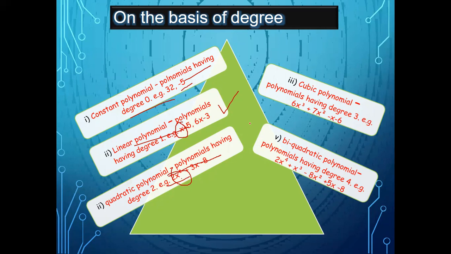If the highest degree is 4, then the solutions are 4. A cubic polynomial has degree 3. As you can see in the example, a polynomial having degree 4 has 4 solutions. Okay, you have 4 solutions of x.